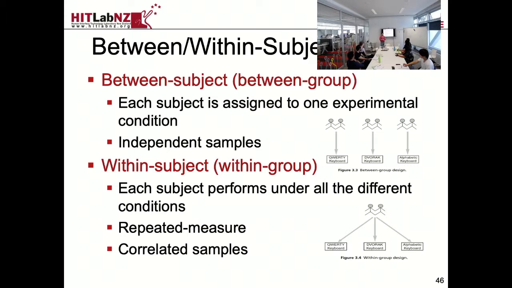We will talk about how we can numerically calculate the number of participants, which is called power analysis. I will have a lecture on it maybe three or four weeks later. But the conventional way of deciding participants: in a between-subject test, per condition, we normally use 15 to 20 participants.